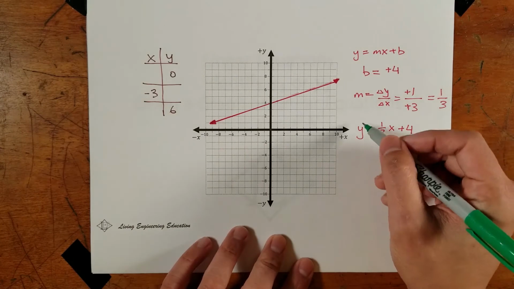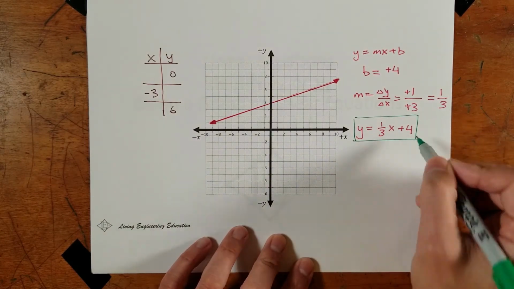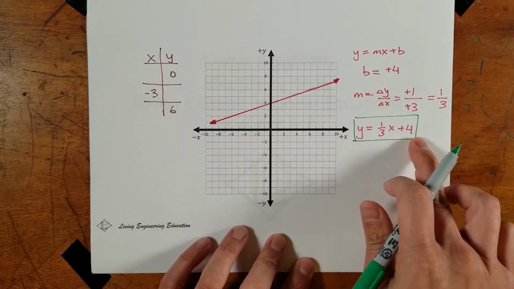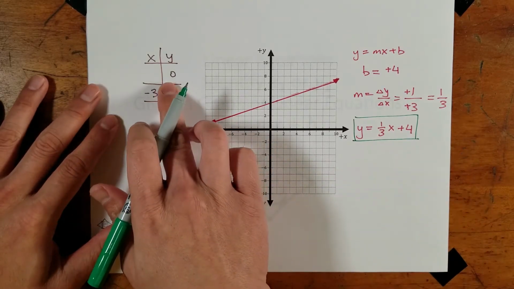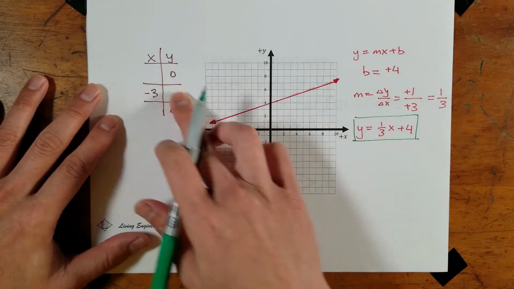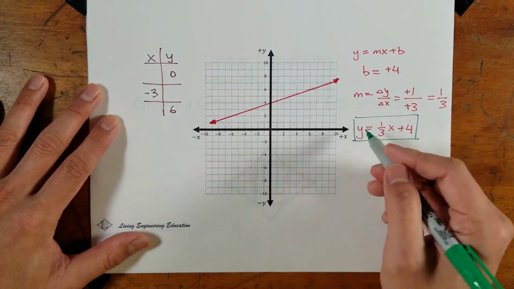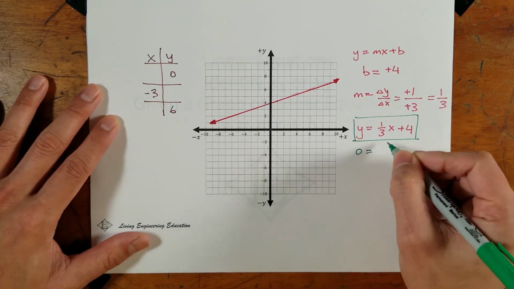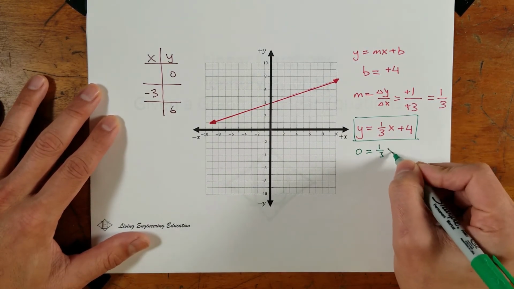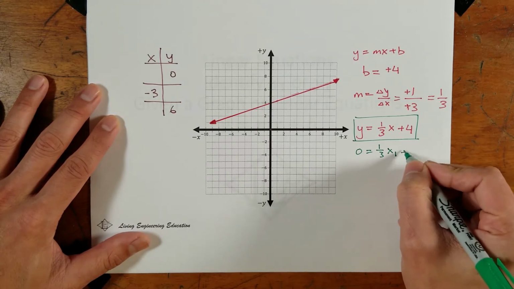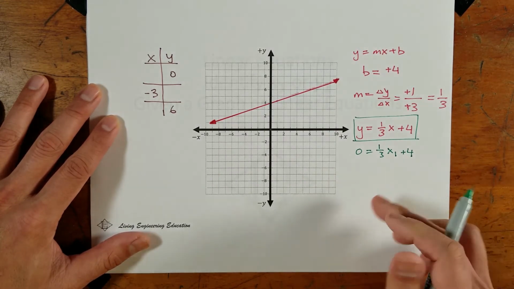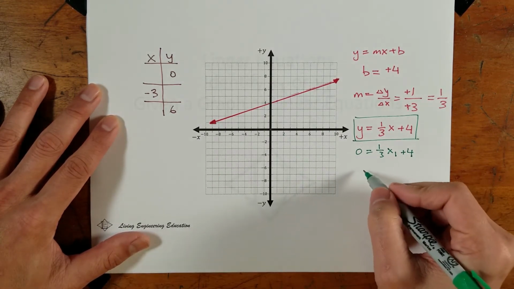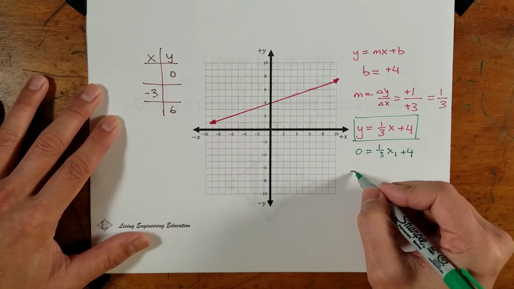Problem 4, our given linear equation is y equals 1/3 x plus 4. First, they give us y1 of 0. So again, we just plug it in here. So y1 equals 0 equals 1/3 x1, which we're solving for, plus 4. Move the 4 to the left of the equation.